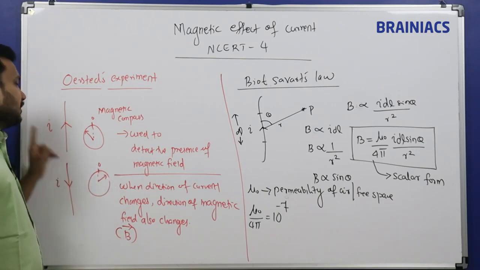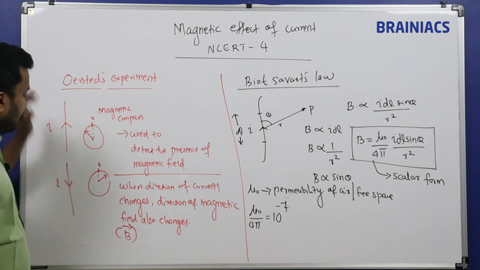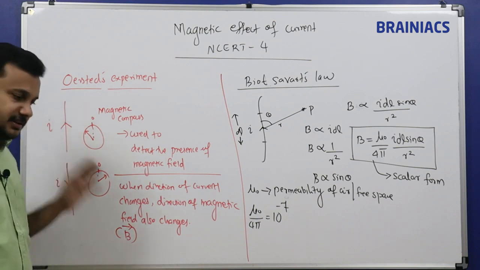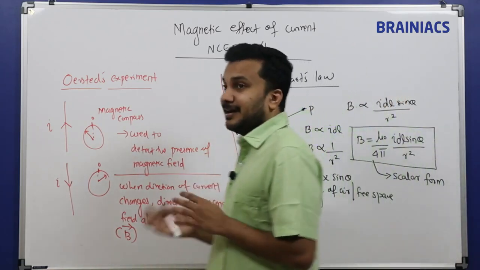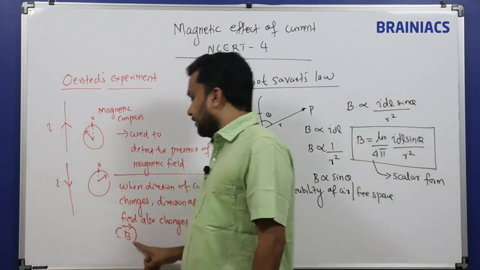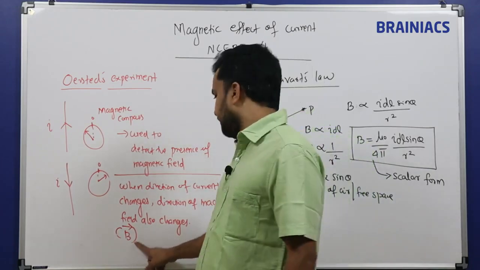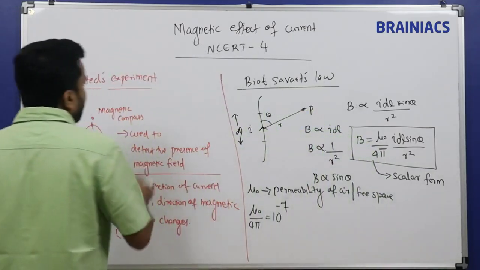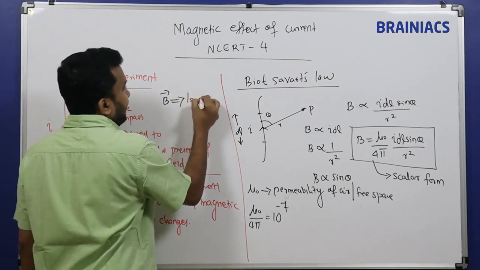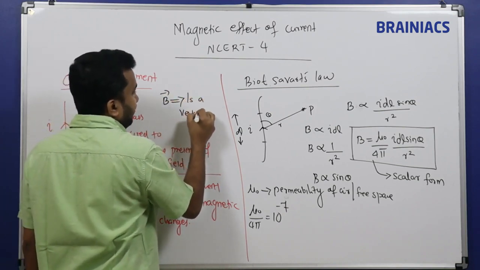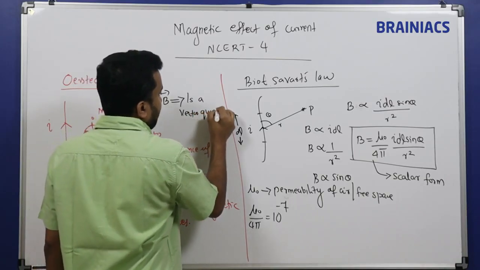So whether the current is going upward or downward, a magnetic field is produced, but the magnetic compass rotates in a different direction. Which means that magnetic field is a vector quantity. That is an additional point I am saying. B, the magnetic field, is a vector quantity.